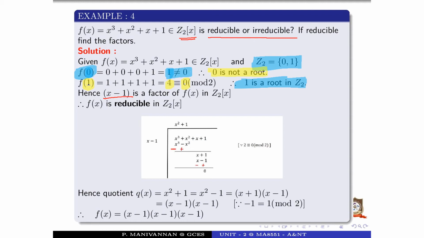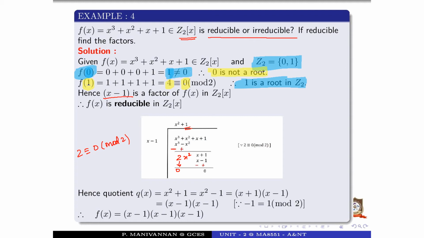By subtracting, these two terms cancel. Minus of minus is plus. It is 2x square. It will be 0. Why? 2 is equal to 0 under mod 2. Therefore, it is eliminated.